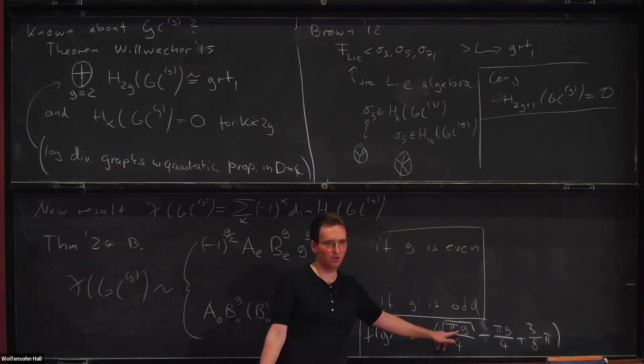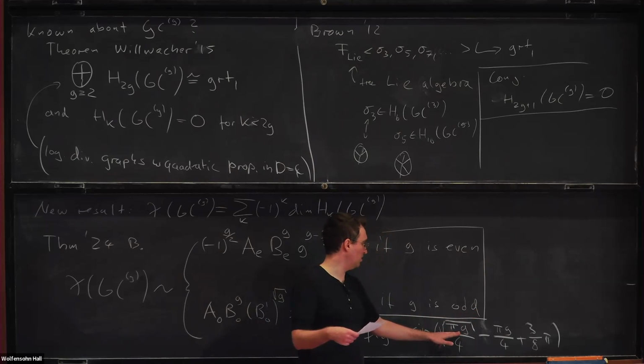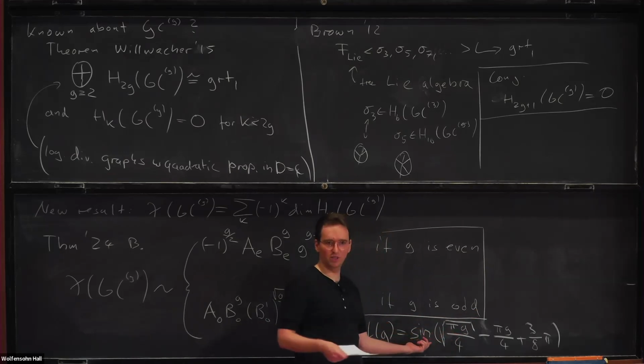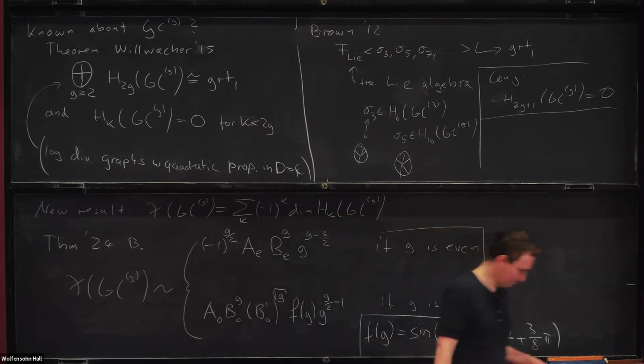It involves the square root of pi times the square root of g. So it will never be equal to a multiple of pi, so the sine will never vanish, but this argument can become very close to a multiple of pi. So the sine could become very small.